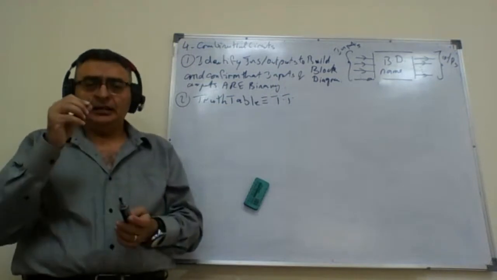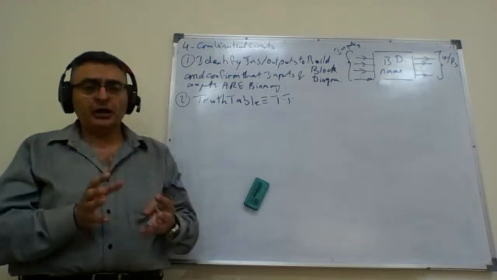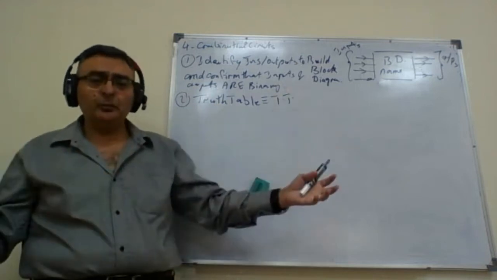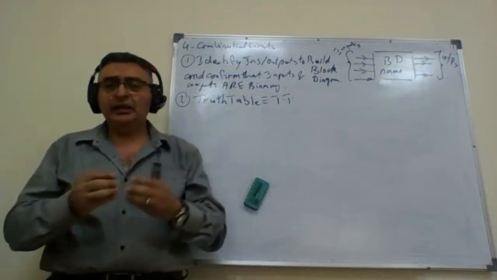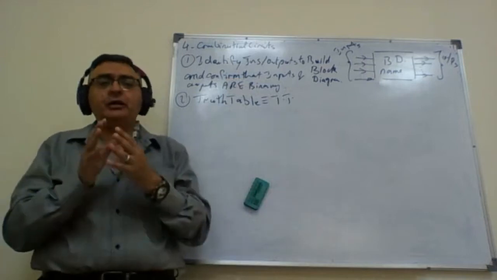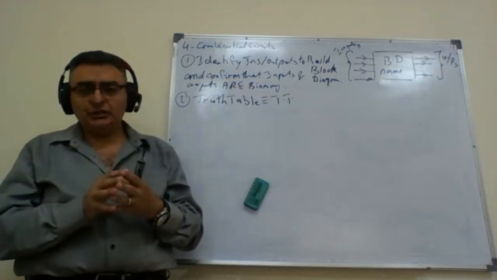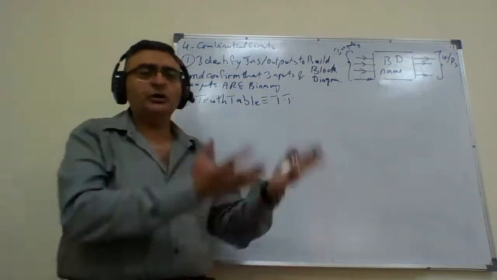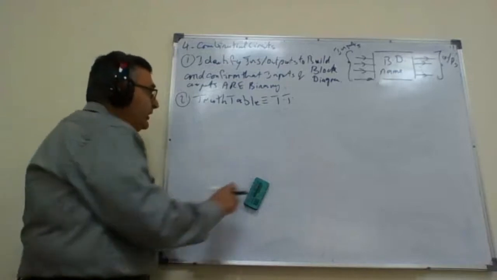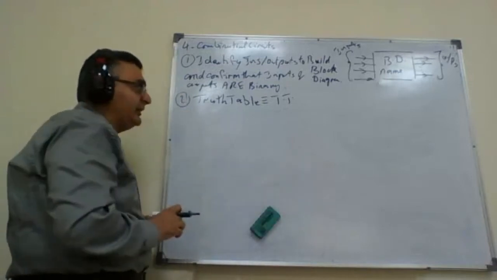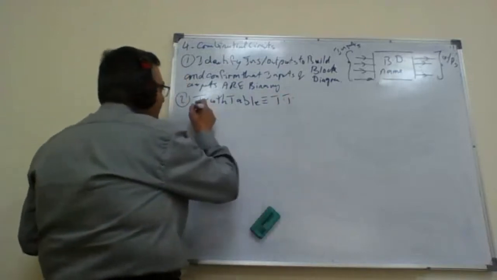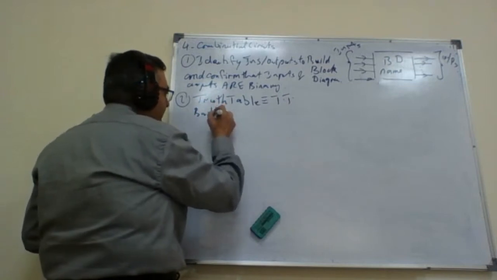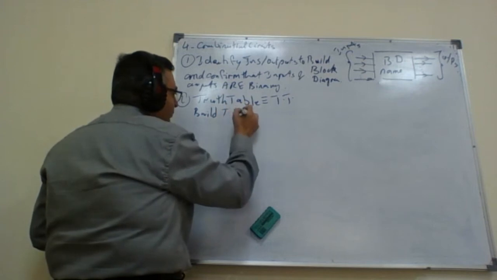This is the table that describes and explains the relationship between the inputs and outputs that you have identified in step number 1. If you can build this relationship between the inputs and outputs successfully, that means you can go on with your design. Okay, step number 2 is build the TT for the problem.